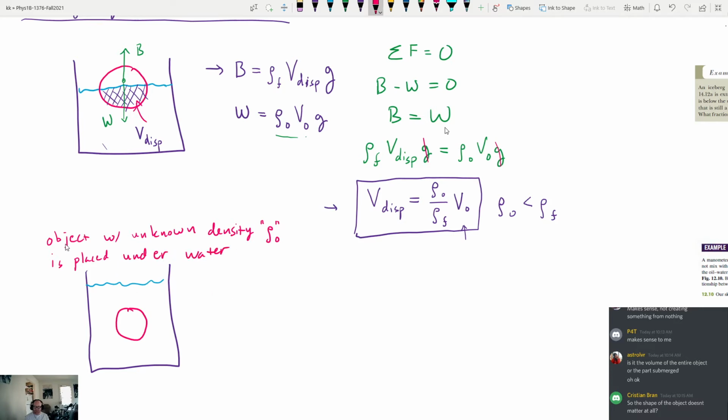So we have an object with an unknown density, rho naught, placed underneath the water, and what we want to calculate is its acceleration. In order to do that, we're going to write down the forces acting on this object.